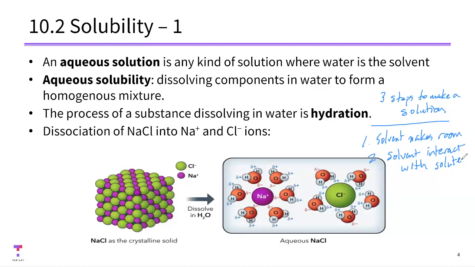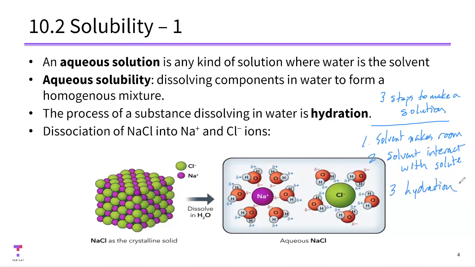So our solute usually is going to be resembled in some kind of way as either a crystalline structure if it's a solid, or if it's another liquid, all the liquid molecules, again, are all mangled on top of each other in this very condensed kind of way. So solvent has to sort of dissociate from itself. It starts interacting with the solute. And then the third step is hydration.